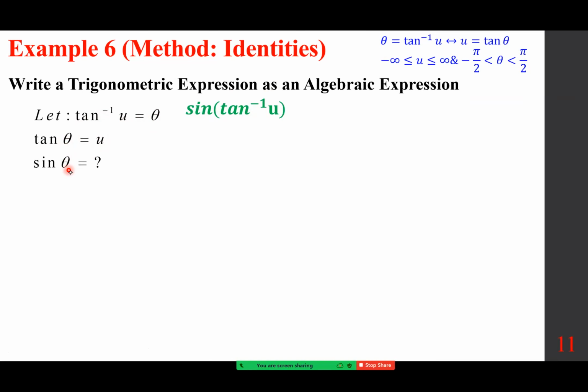One way to do that, you can use one of the Pythagorean identities: 1 plus cotangent squared is cosecant squared. The reason we are using this is because cosecant is 1 over sine. So if we find cosecant, the reciprocal is the answer. And if I want to use cotangent, if this is u, then cotangent is 1 over u.